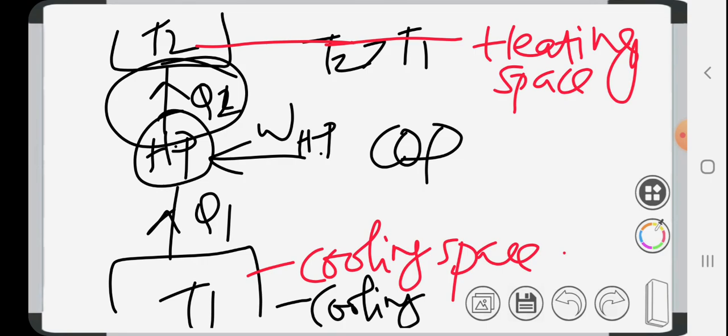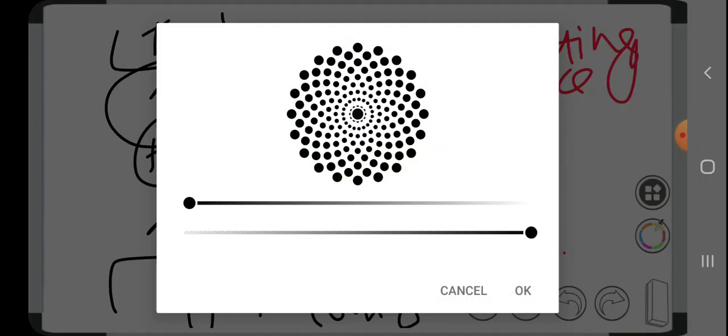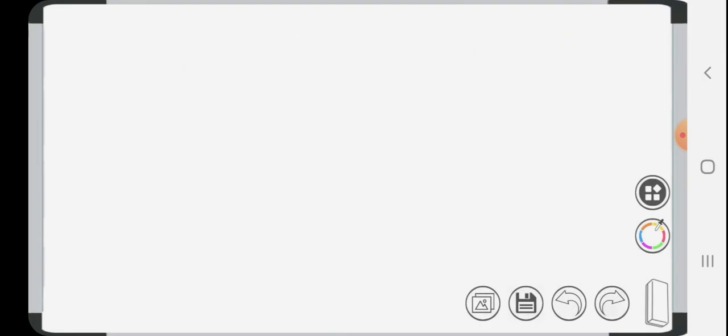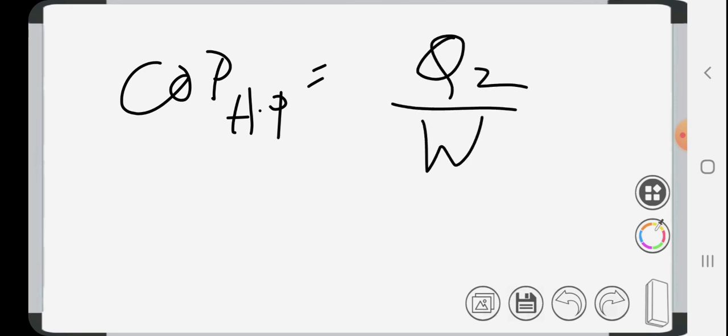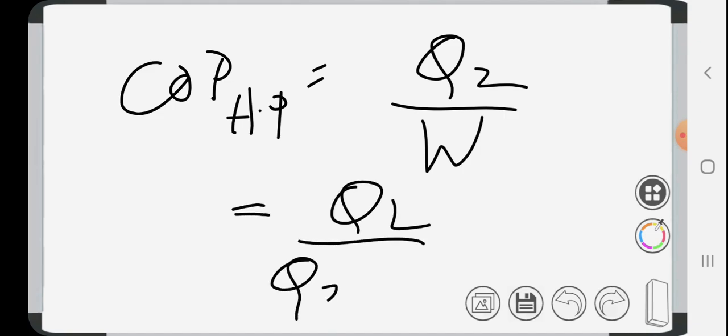So the effect is different in both cases. So here COP of heat pump is nothing but Q2 divided by W, right? W is nothing but Q2 minus Q1 itself, right?